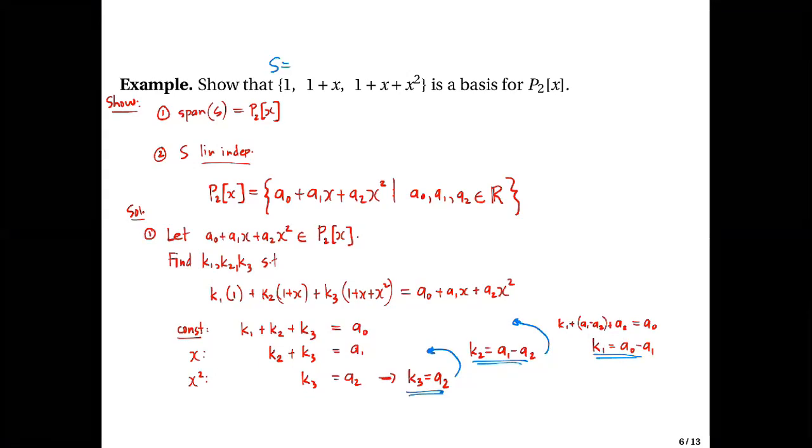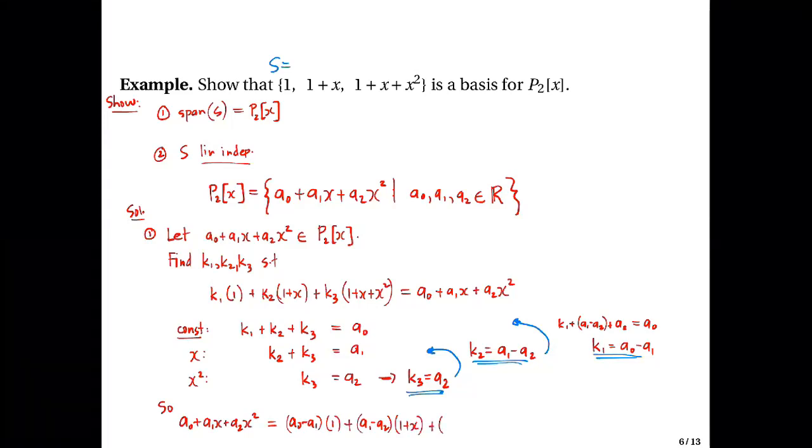So what does this mean? This means that a0 plus a1x plus a2x squared can be written as a0 minus a1 times the vector 1, plus a1 minus a2 times the vector 1 plus x, plus a2 times the vector 1 plus x squared.